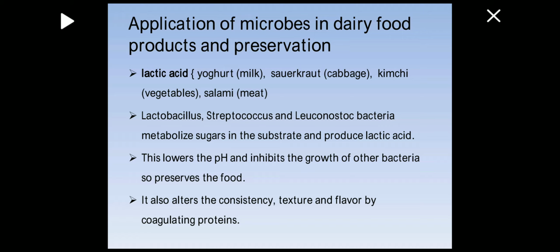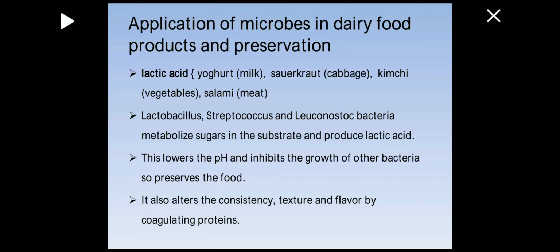Lactobacillus, Streptococcus and Leuconostoc bacteria metabolize sugars in the substrate and produce lactic acid. So these are different genera of bacteria which metabolize sugar. It means they are working on the substrate which is sugar, and as a result the product produced is lactic acid.